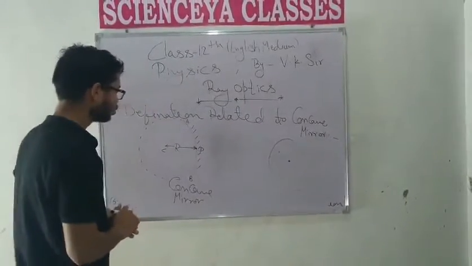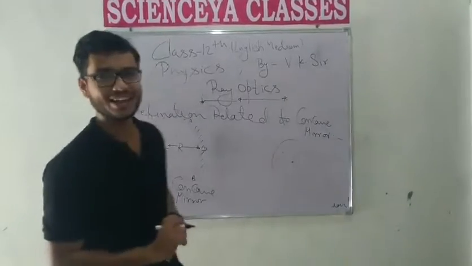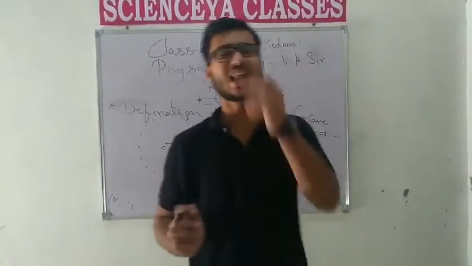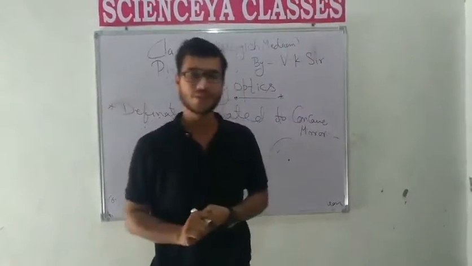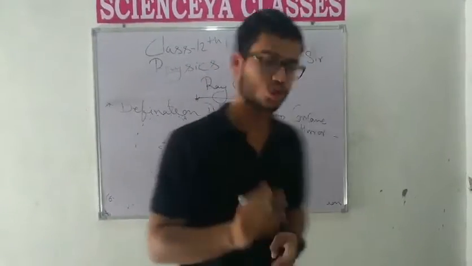What is the focal length? Focal length is the distance between the principal focus and the pole. The line passing through the center of curvature and the pole is called the principal axis.